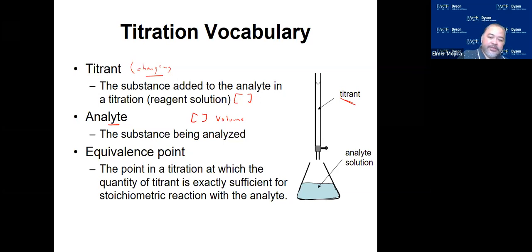It means that you can determine the moles of one of them by knowing the other one. At equivalence point, the moles of the titrant should be equal to the moles of the analyte. The equivalence point is the point in a titration in which the quantity of titrant is exactly sufficient for stoichiometric reaction with the analyte.